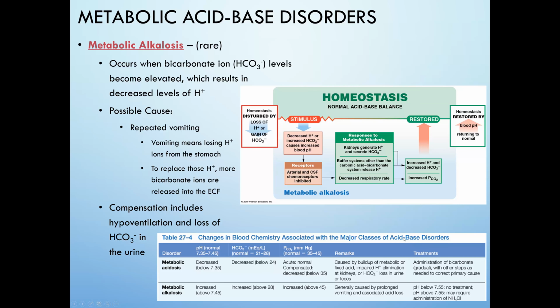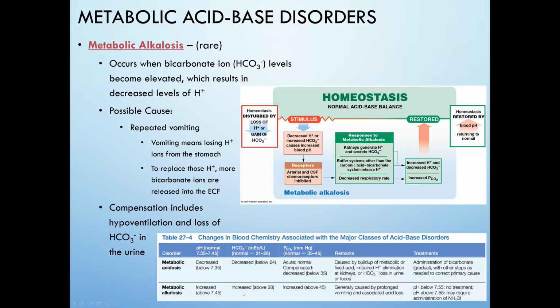So here is the little table from the book that is comparing and contrasting these two. With metabolic acidosis, your pH is decreased, your bicarbonate levels are decreased. With metabolic alkalosis, pH is increased, your bicarbonate levels are increased.